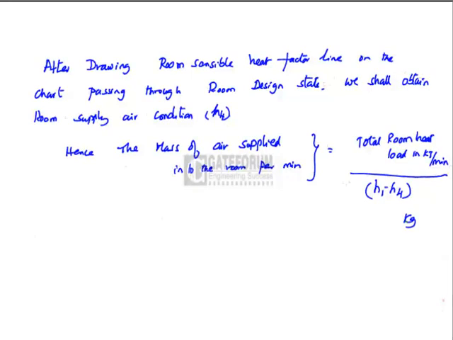You will obtain it in kg per minute. This is how the mass of the room supply air per minute flowing into the room could be calculated.